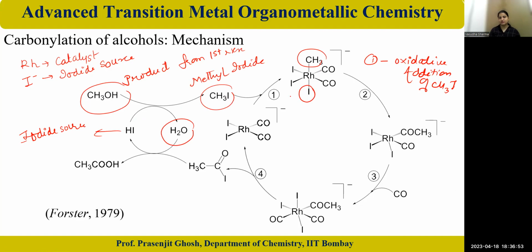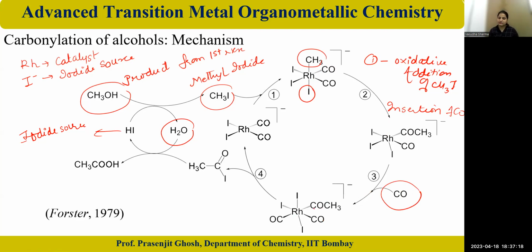It was earlier in the +1 state, now it is in the +3 oxidation state, as we saw that it could go from 1 to 3. Now, because we have carbon monoxide, it will easily undergo insertion. Insertion of carbon monoxide is the second step, so it will form COCH3. Again, we have carbon monoxide in bulk, so it will coordinate with the rhodium.